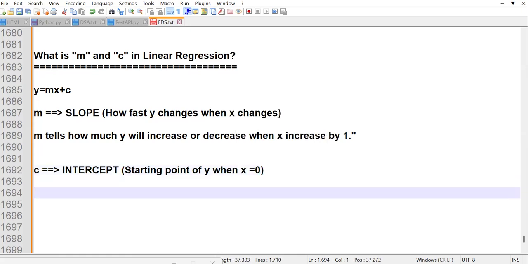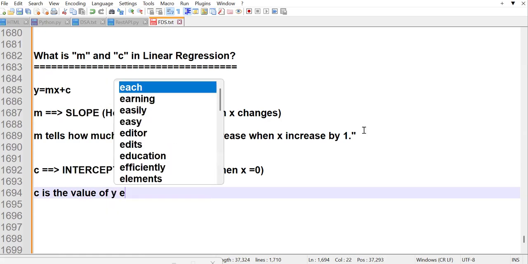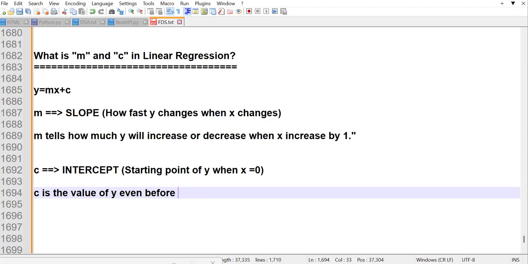So we can say c is the value of y even before x starts. Like the earlier value of y before starting the x.